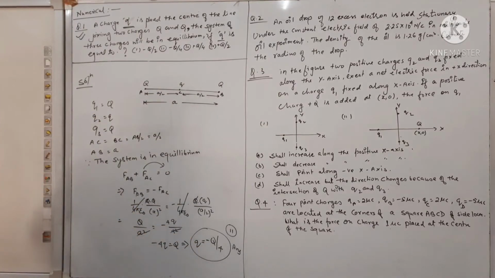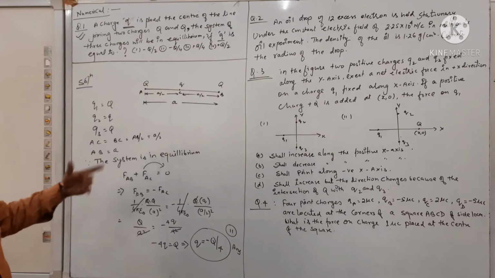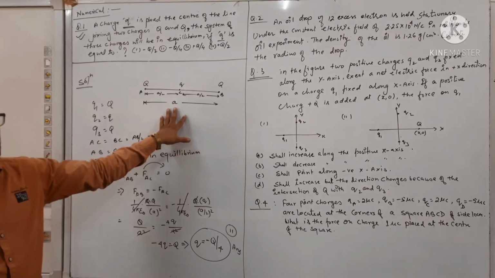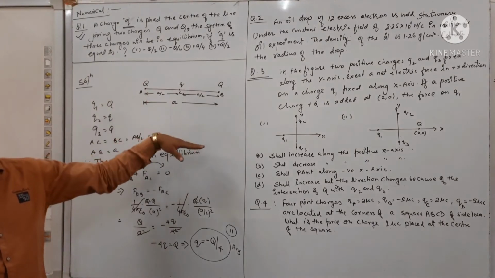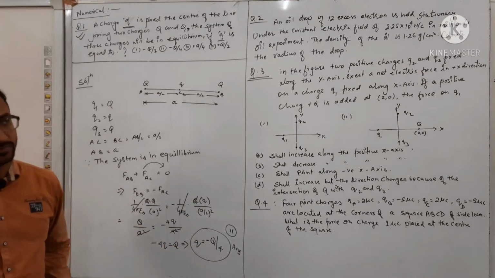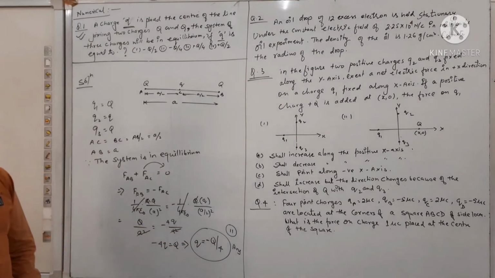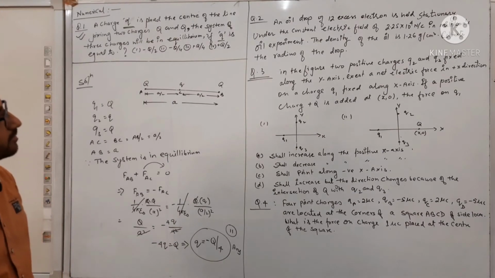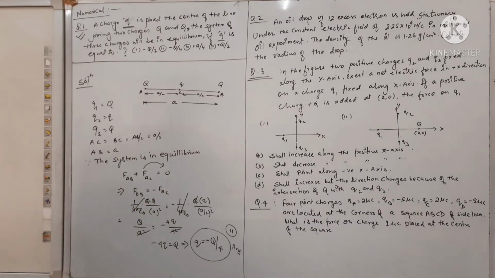This is the way of questioning in examination. The other way is to prove that the system is in equilibrium if the third charge q is equal to negative Q by 4. That time you will do all these things. Okay, so after that, the second question which is in front of you, I will solve.